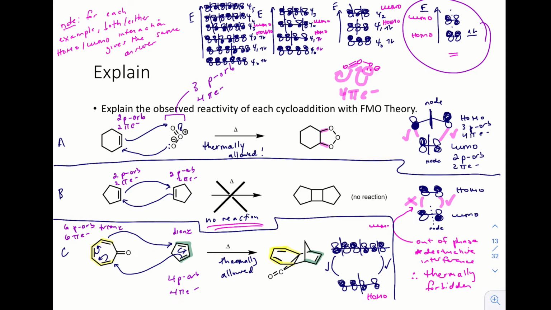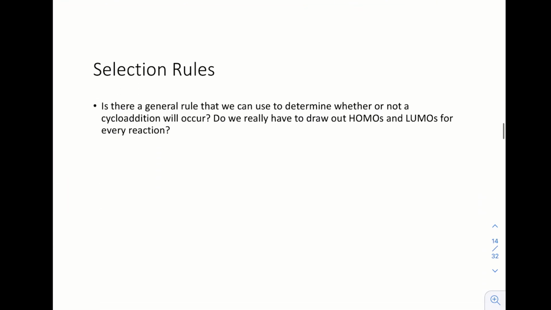Now we understand why. The HOMO of one species must overlap constructively with both ends of the LUMO of the other pi system in these cycloaddition reactions. This is a lot. Can we simplify? Yeah, after I made you do all of that, I'm going to help you simplify. We will simplify and state what's referred to as the selection rules.